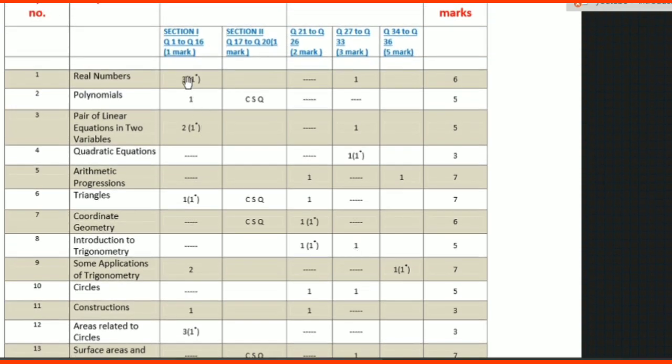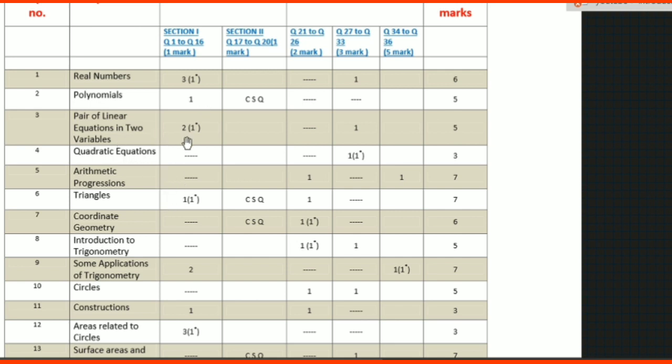So you may get a doubt what this is about. Here this time he has given us internal choice also for the questions, section wise. So 3 within the bracket with 1 star means from real numbers 1 mark questions are 3. In that one question has internal choice.